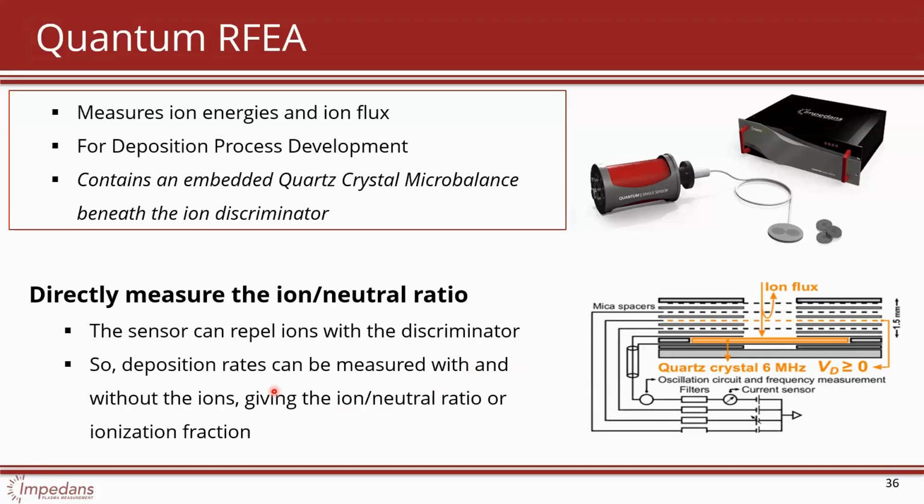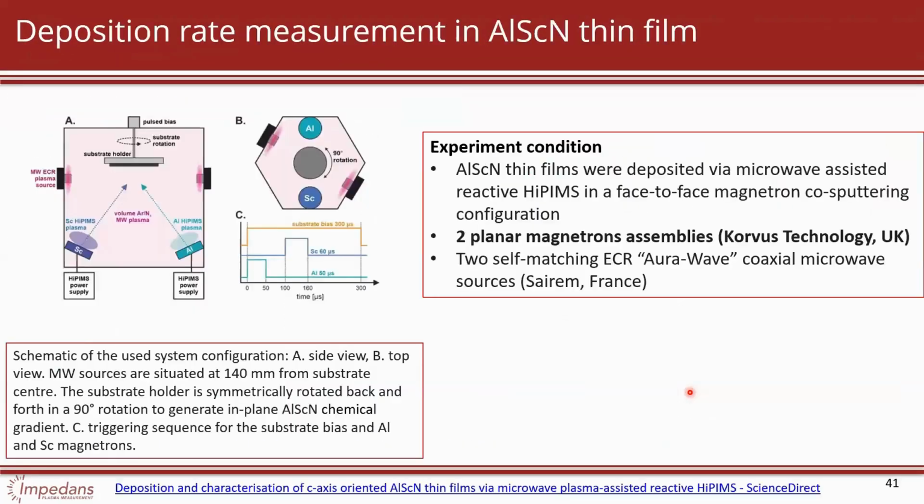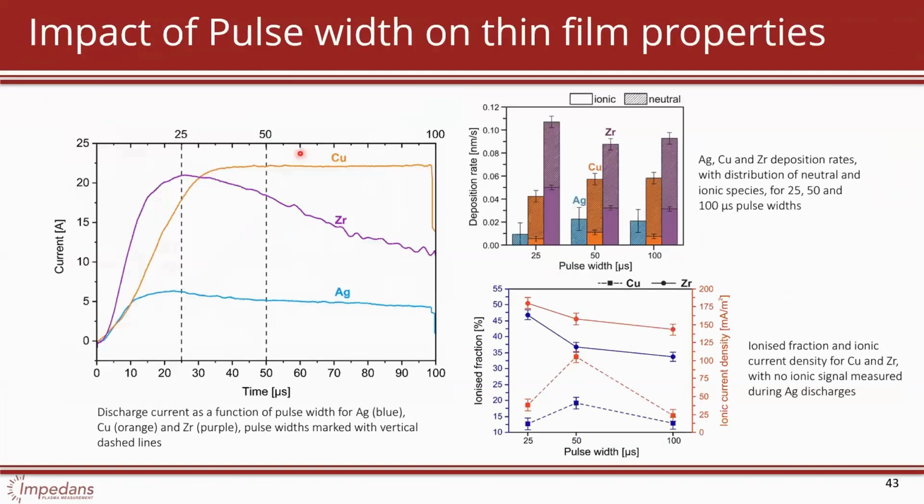So let's say you're sputtering titanium. Actually it's similar to put in here. Like here when they're sputtering copper, for example, what's the ratio of copper sputtered, neutral copper versus charged copper, and that's what matters.